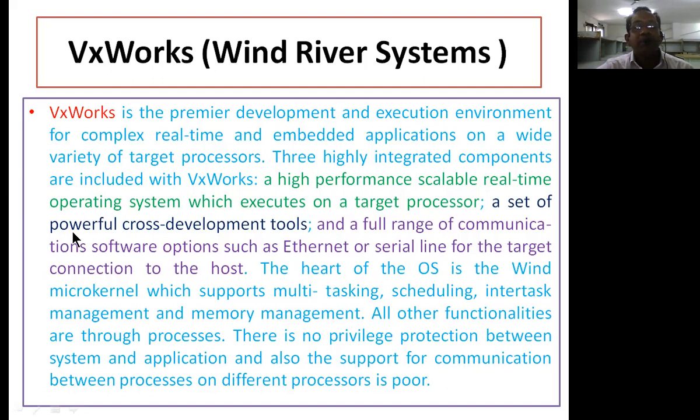So powerful cross development tools and cross compilers are a very important function. For example, we develop a program to be implemented in a rover which is on the moon. What happens? There we need to use a cross compiler, because the environment on the moon and the software suitable for a rover on the moon is different from the software which is developed at the ground station.